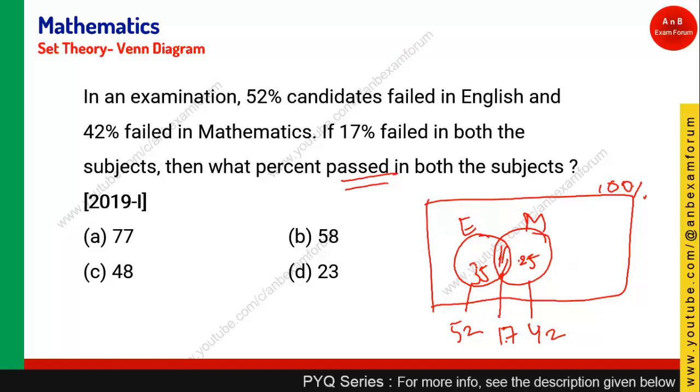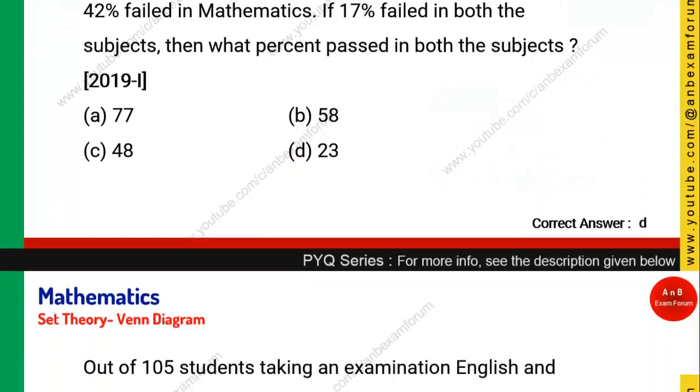So 35 plus 17 plus 25 is 77. Then 100 minus 77 is what? 23. So option D is the right answer. Since everything is given in fail percentage, the complement means the pass percentage.